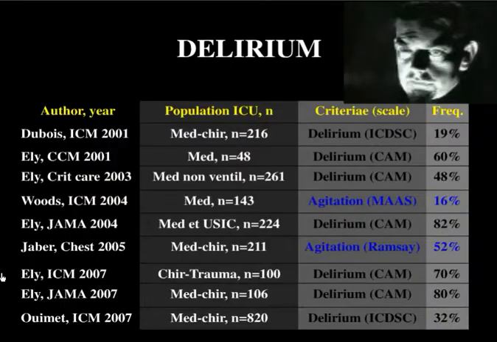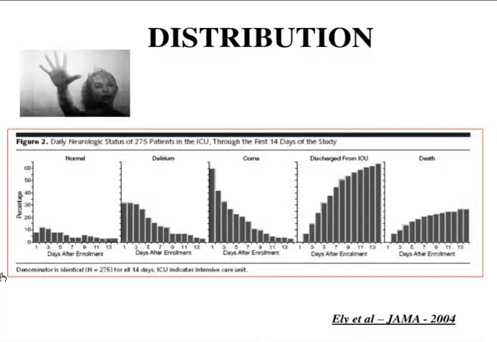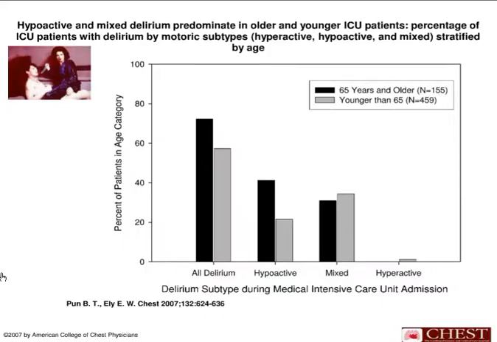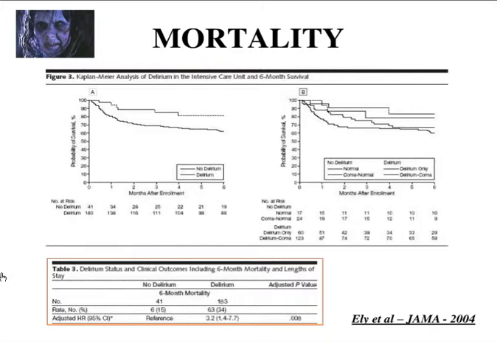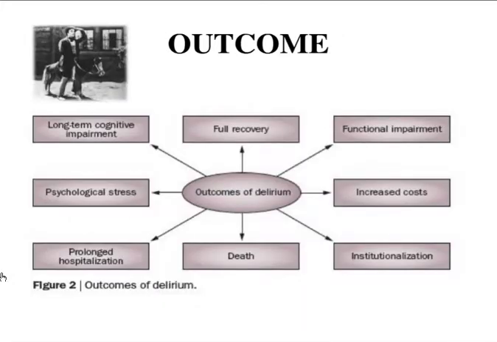We know that the incidence of delirium varies according to the definition, but also to the population studied, and its incidence can range from 20% up to 80%. We know that it can happen at any time of ICU stay, but especially during the first day of stay in ICU. And we know that it can be associated with agitation or without agitation, and it is associated with increased mortality. And it's related to a very complex pathophysiology.